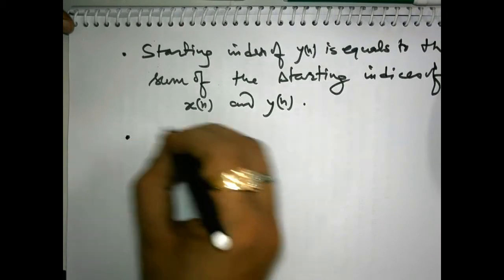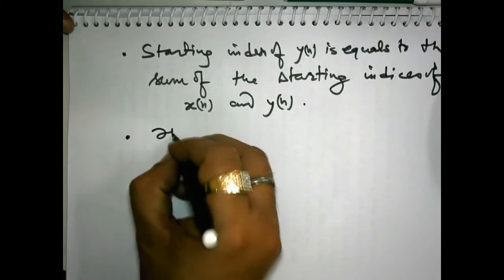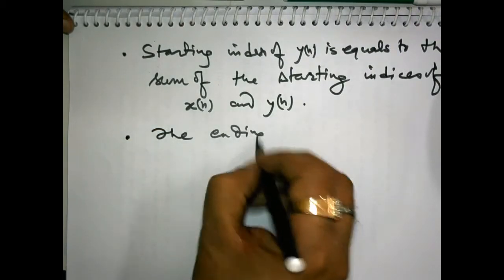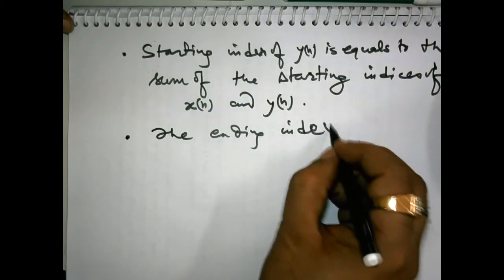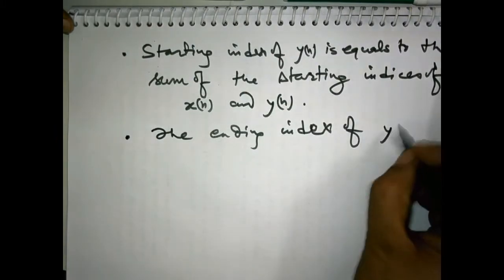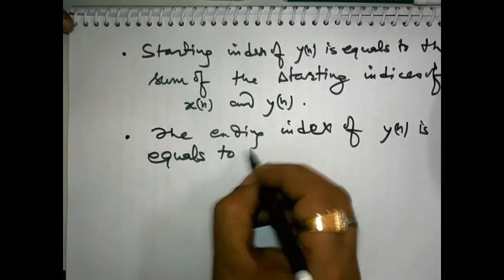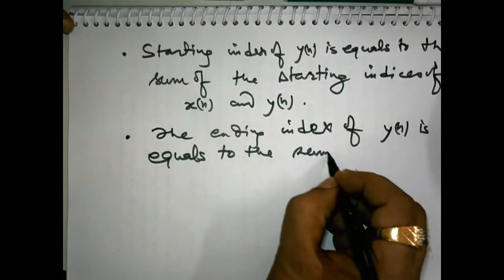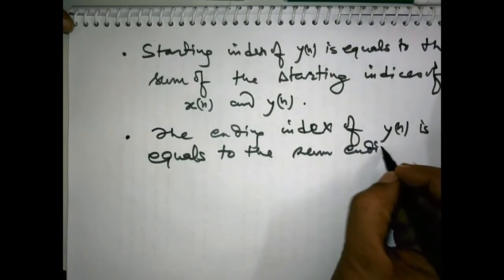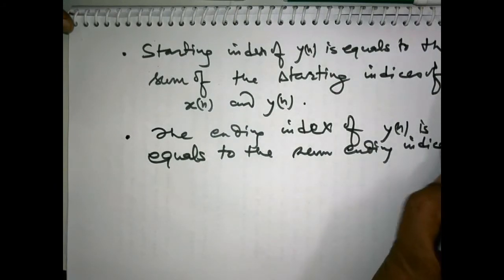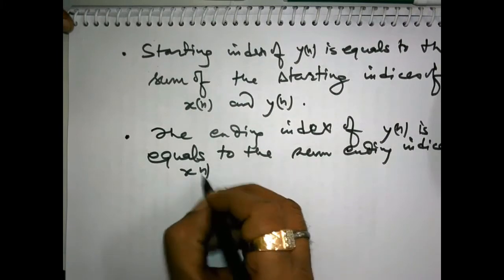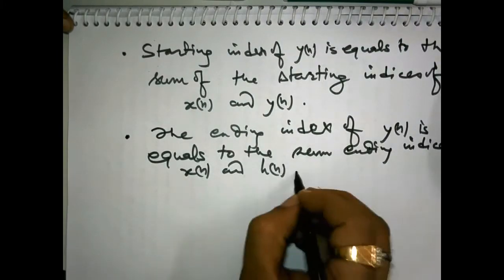The second rule: the ending index of yn is equal to the sum of the ending indices of xn and hn.